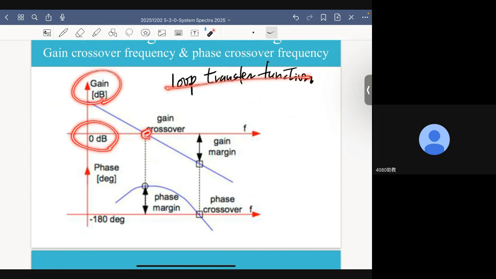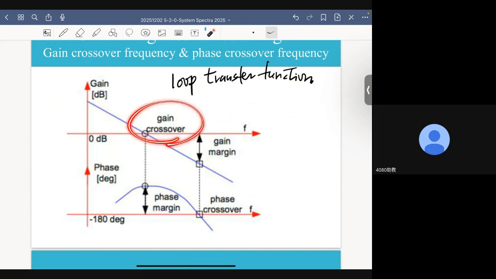After locating the gain crossover frequency, I go down and see what the phase of the loop transfer function is at that frequency.